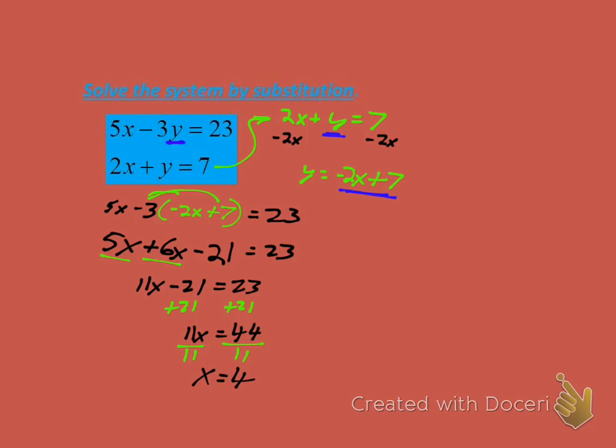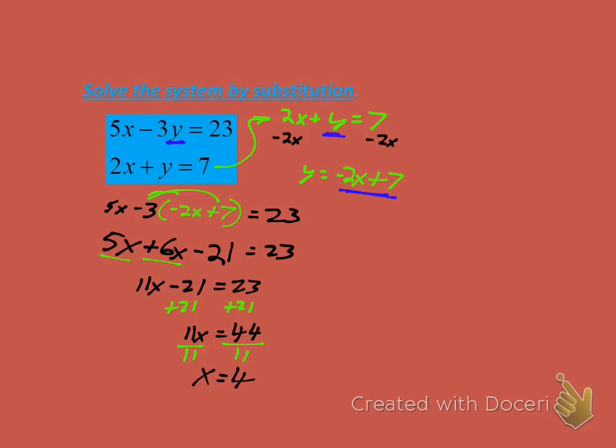Now, once you have x equals 4, you need to find y. We got x, now we need to go find y. You can go to either here or here with plugging it in. You could also go, and I recommend this, to this one. This one makes it easier. Do the third one.